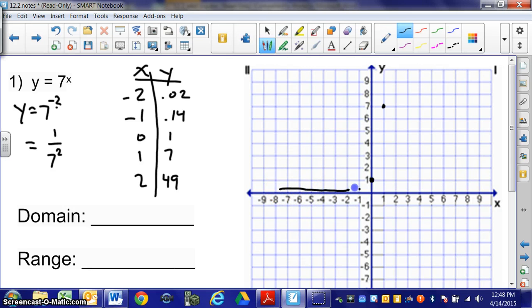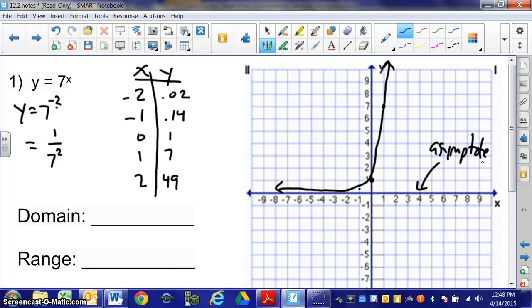So it gets really close to the axis, but never actually gets there. And so we say that it approaches a limit of 0, and the x-axis is what's known as an asymptote. In this case, the x-axis is an asymptote, meaning it's a line that our curve will get closer and closer to, but will never touch or cross.